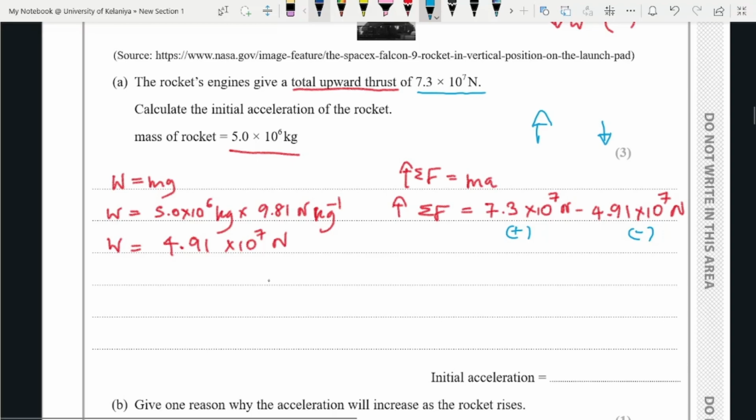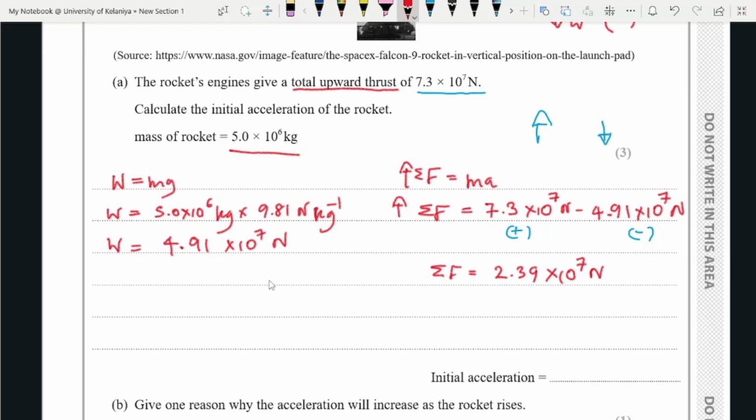So if we take F, which we call the resultant force acting on the rocket, that will give us 2.39 times 10 to the power 7 newtons.